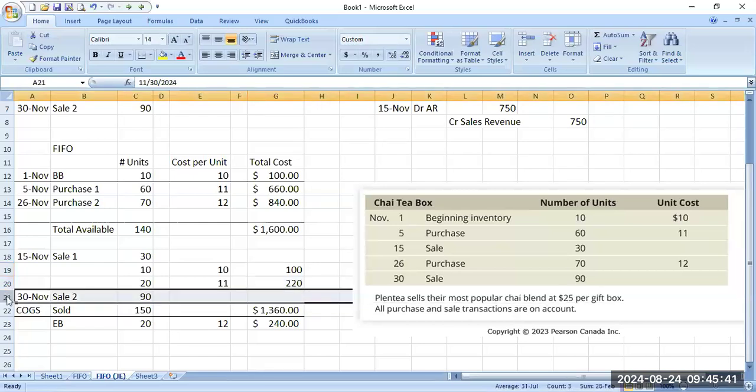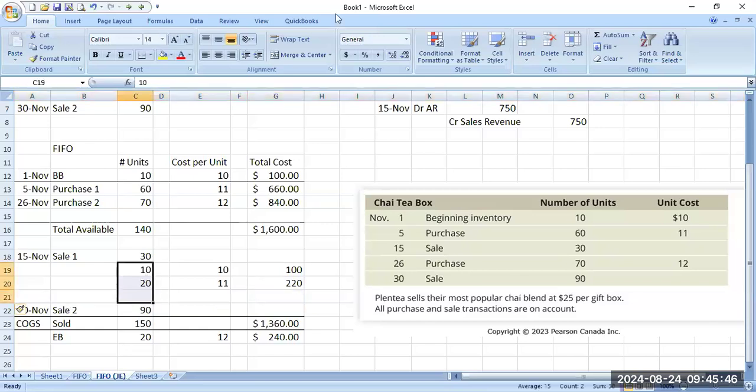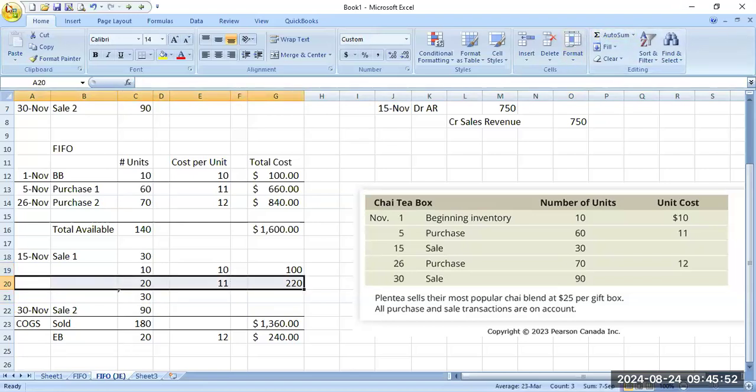That's how we sell those 30 units, and our cost of goods sold will be $320.